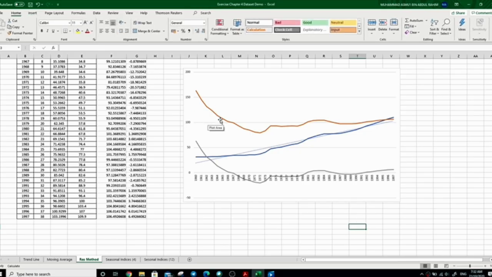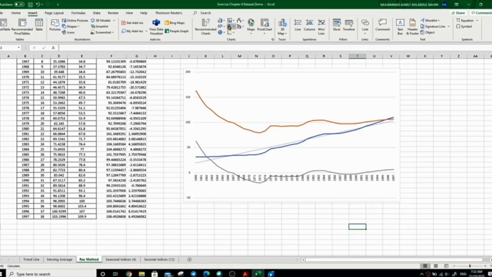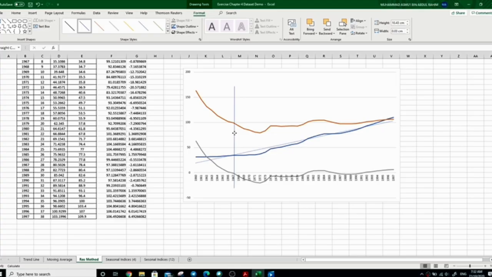Based on this example here, we say that for this particular period, because it is above 100 and the cyclical residual is in a positive value, for this particular period we have an expansion.